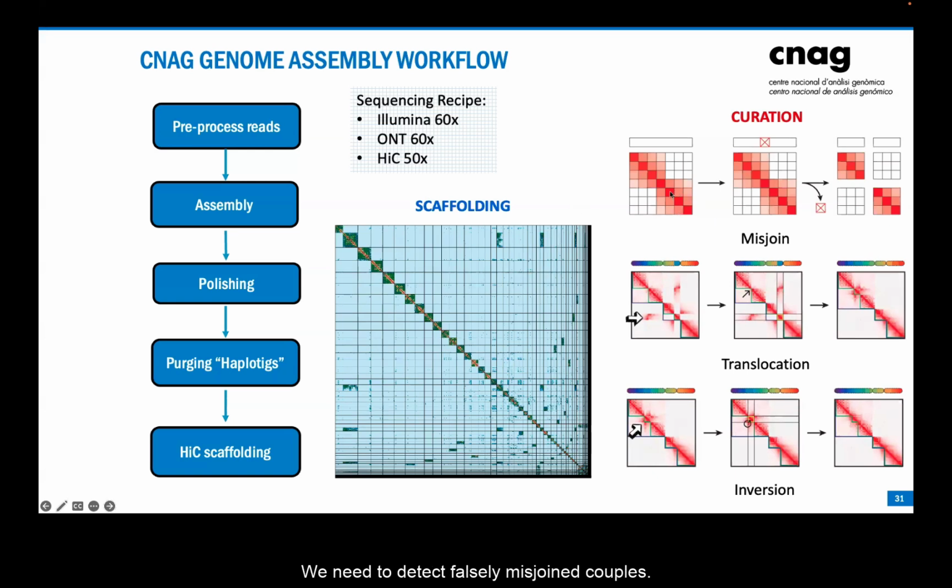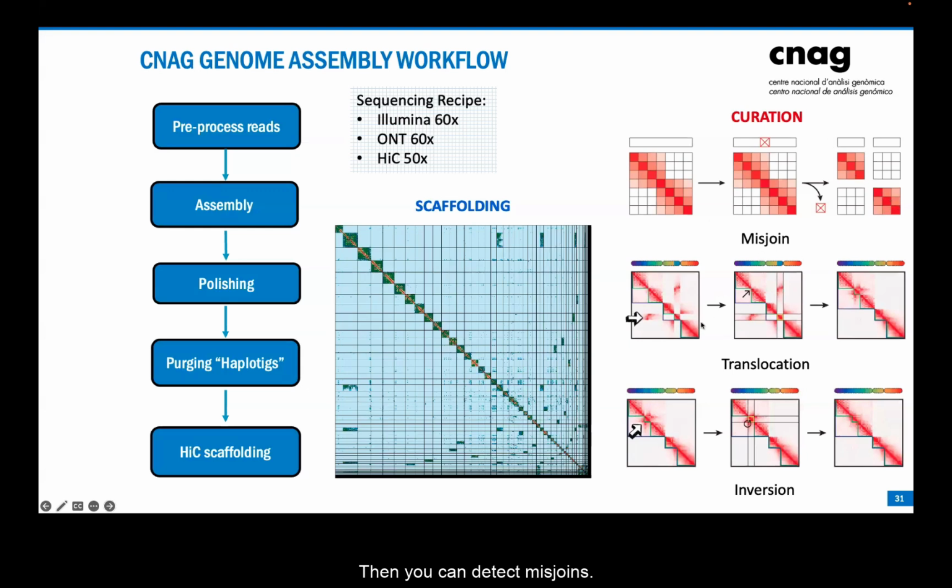We need to detect falsely misjoined scaffolds. In this case, you see a sharp contrast between the one, I would call it chromosomal territory, and another one. So we should break this scaffold here, or this contig here, and have independent contigs.